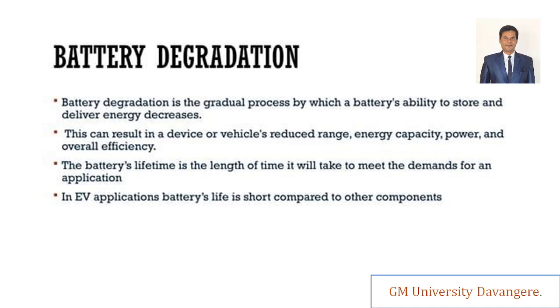They lose their strength. Likewise, batteries also lose their actual strength. Let us see the parameters by which it loses its strength and reduces the life cycle from the 5,000. Actually, it has to give 5,000 cycles, but it is not able to give them now.